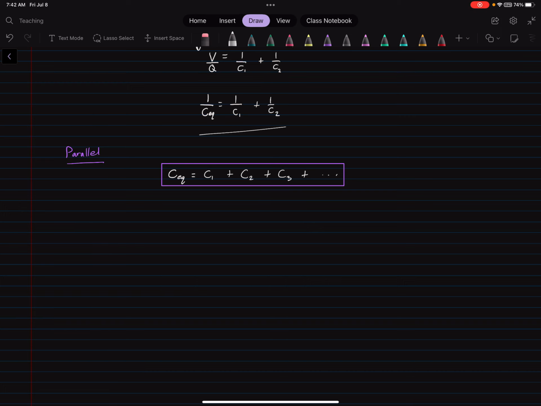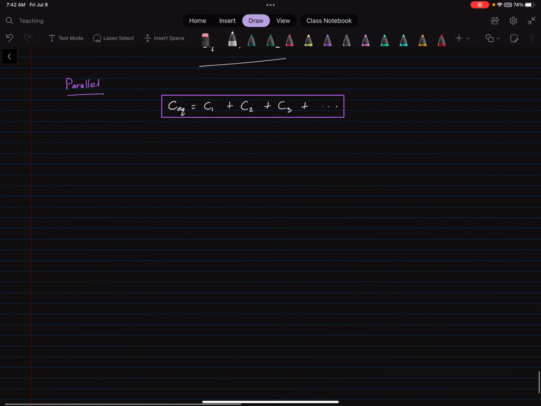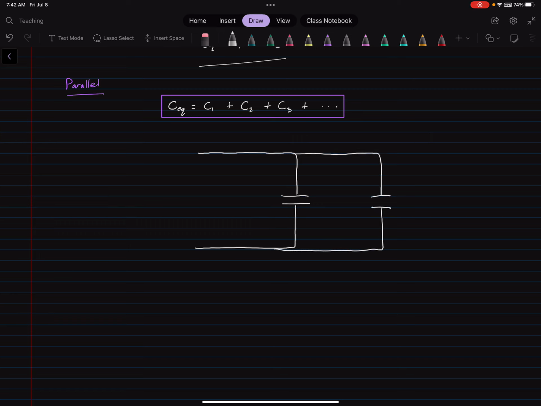So let's talk about it again. If we have the same AB type circuit, but this time we have 2 capacitors in parallel, I'll draw them nice and big here. It's kind of sloppy. We have junctions here, so that they're in parallel. The charges can either take that path or this path, but can't take both.